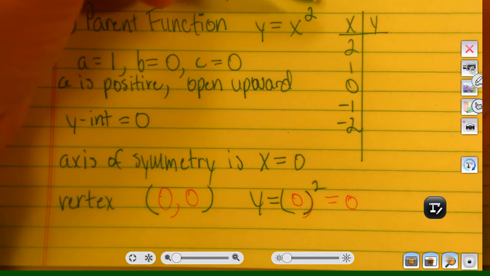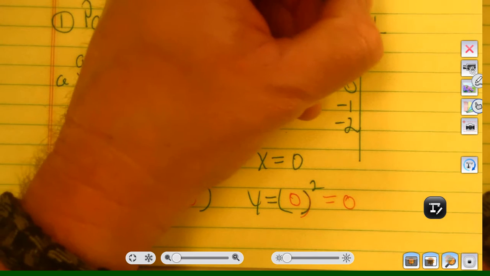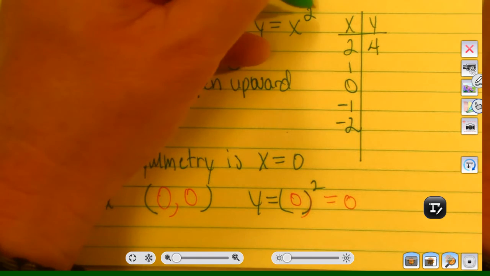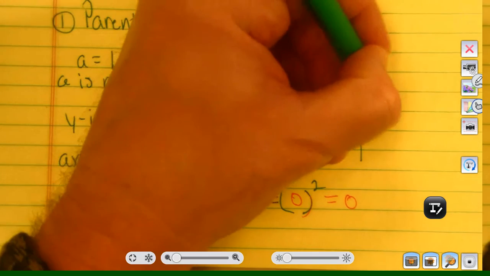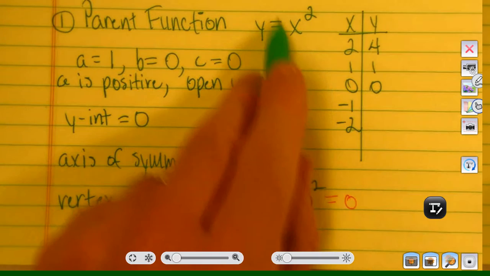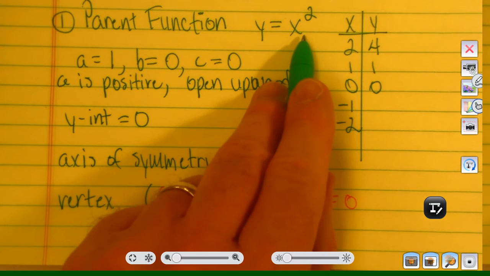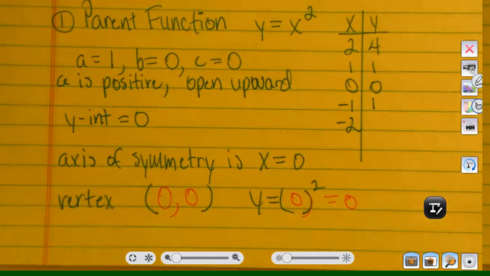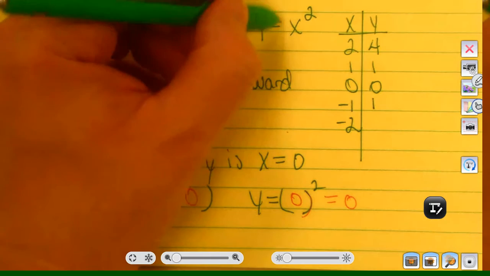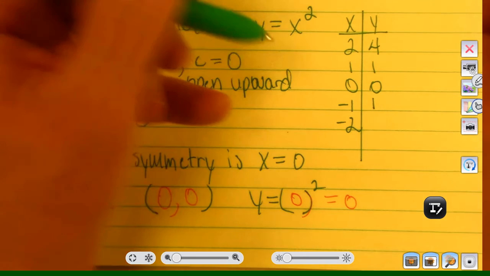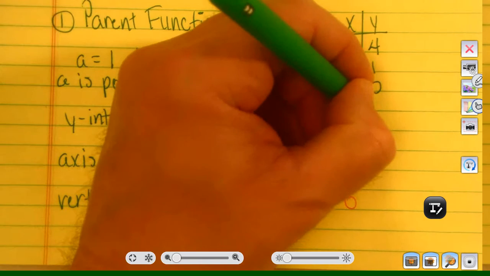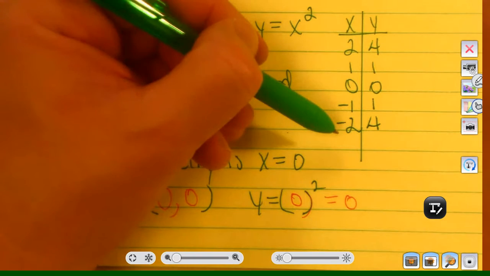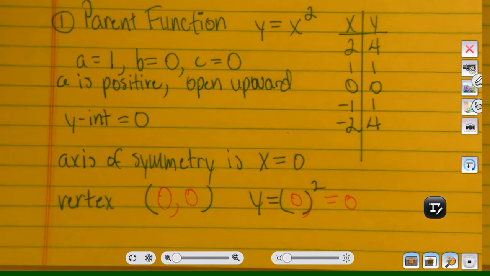So 2 squared is 4. 1 squared is 1. 0 squared is 0. Now when I put a negative 1 in here for x, a negative 1 squared, that's negative 1 times negative 1, that becomes a positive 1 again. And when I plug in a negative 2, I square a negative 2, it's negative 2 times negative 2, that becomes a positive 4. So in this chart, I've got values for this graph.